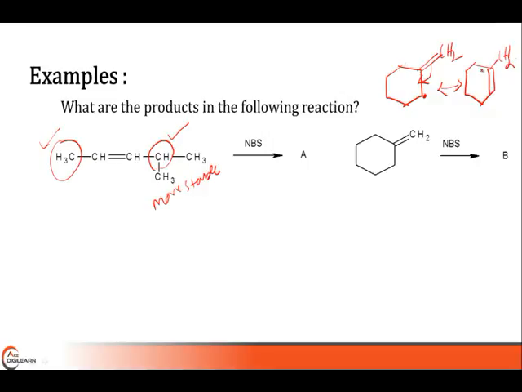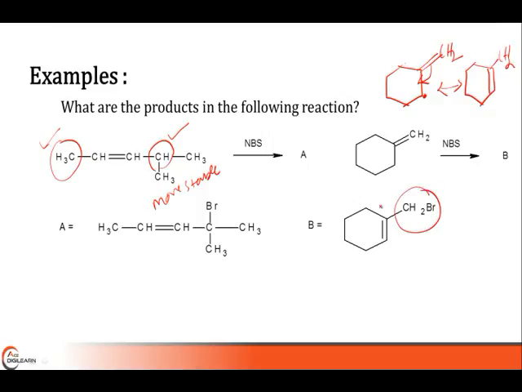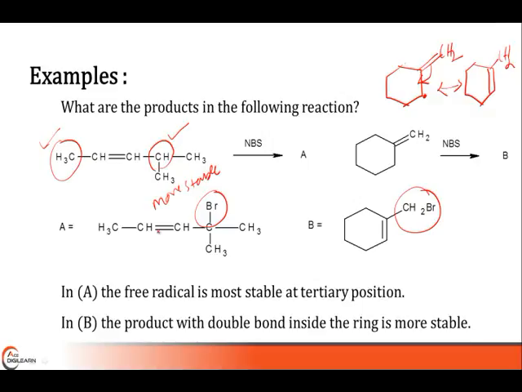The double bond inside the ring is more stable and the product obtained will be this one. So you can see the bromine going here and here in this particular example. In compound A, the free radical is more stable at the tertiary position. In product B, the product with the double bond inside the ring is more stable.